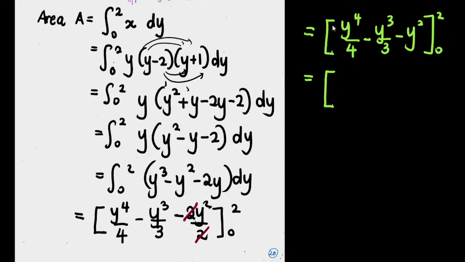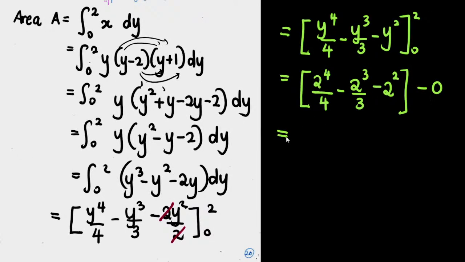Okay, let's see. We substitute 2 inside. So 2 power 4 over 4 minus 2 power 3 over 3 minus 2 square. Okay, then 0. We'll get 0. Alright, so minus already. The front one, this is 4. We'll get 4 minus 8 over 3 minus 4.